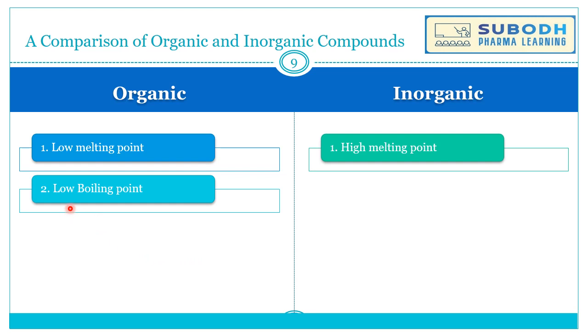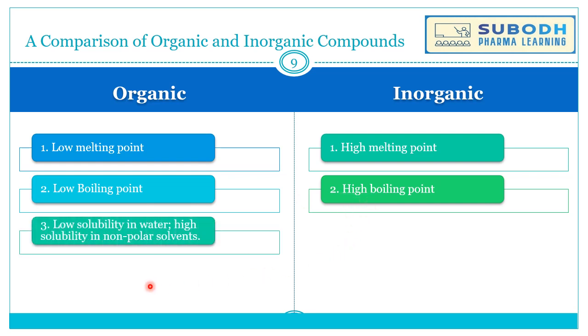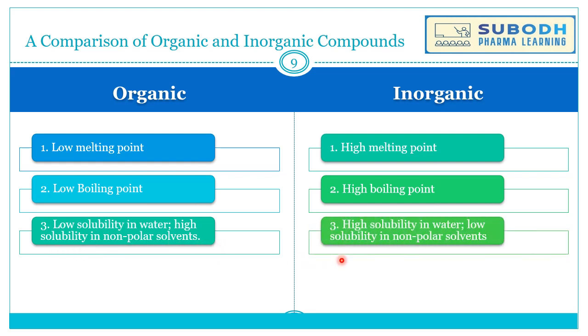The organic compounds have low boiling point and inorganic compounds have high boiling point. The organic compounds have low solubility in water and high solubility in non-polar solvents. The inorganic compounds have high solubility in water and low solubility in non-polar solvents.